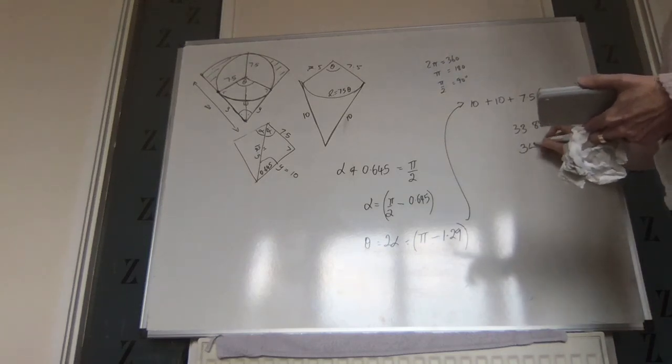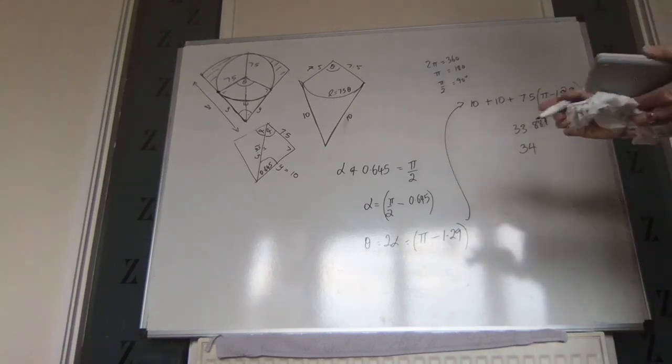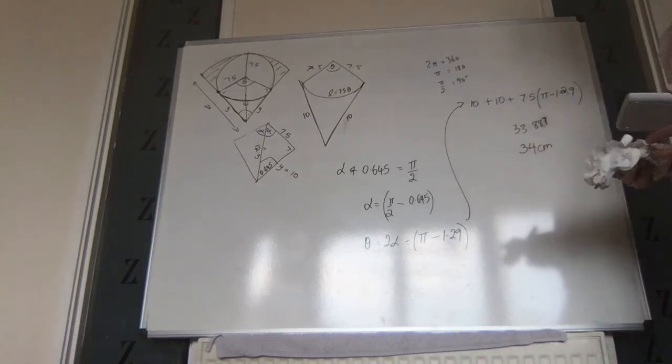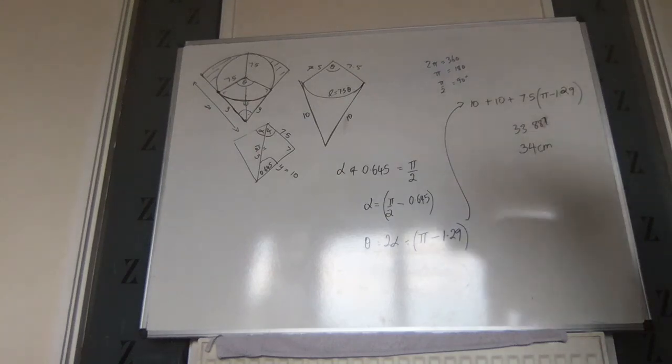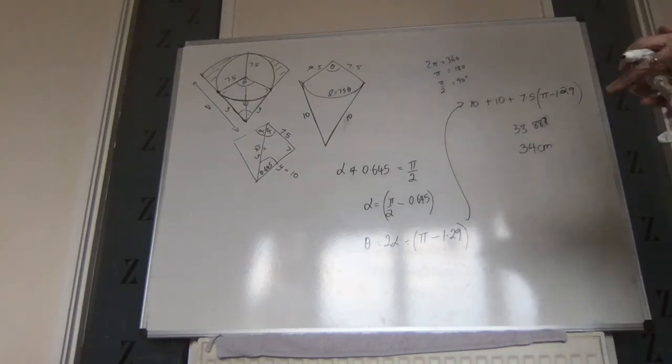And I think they said to the nearest centimetre, so 34 centimetres. Okay, hopefully that makes sense. Any questions, just send me an email.